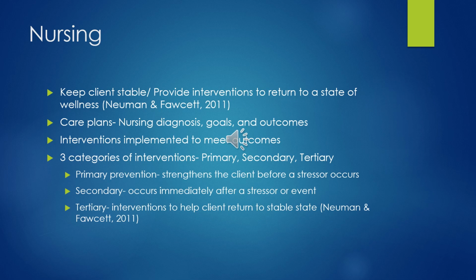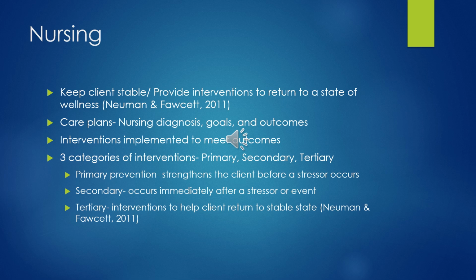The nursing part of this model is what nursing does to keep the client stable or provide interventions to return to a state of wellness. This is achieved by using a nursing care plan of a diagnosis, a goal, and outcome, and then interventions are implemented to meet those outcomes. There are 3 categories of interventions: primary, secondary, and tertiary.